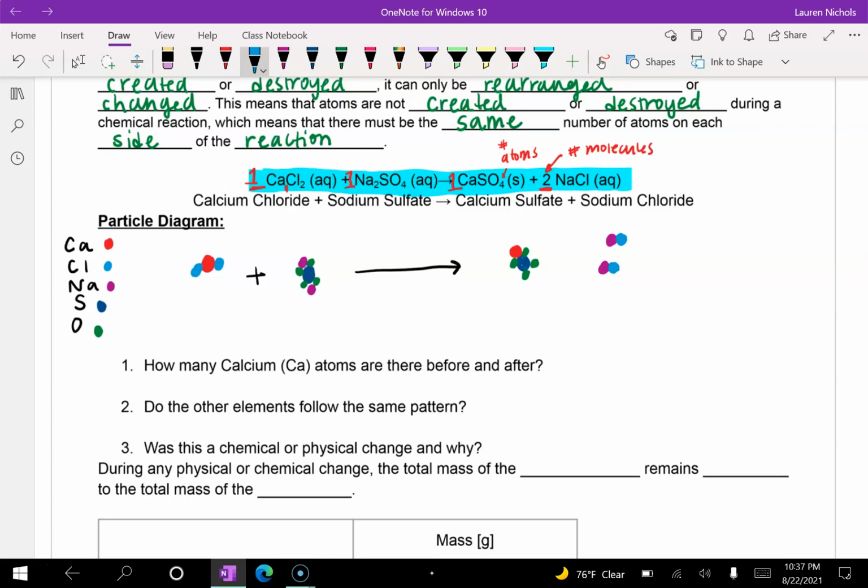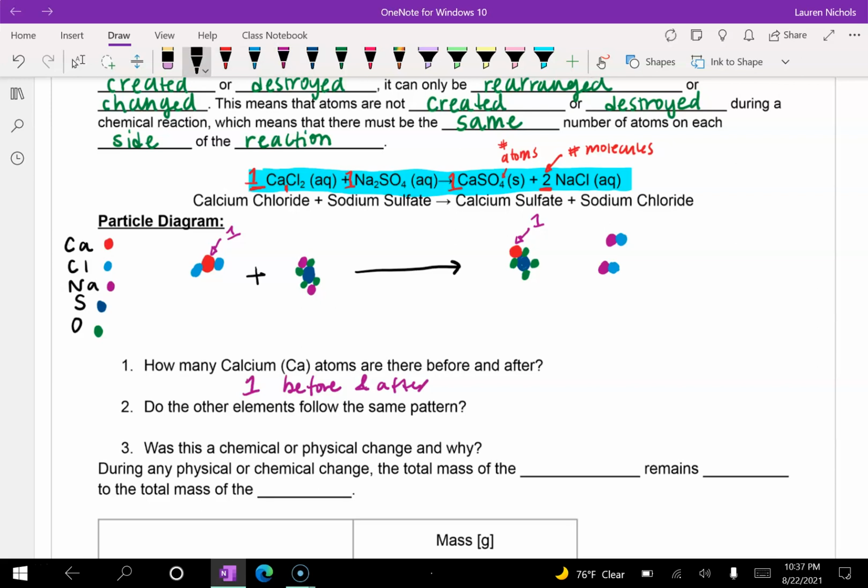Now, the thing we want to notice is when we count things before and after. If you look at questions 1, 2, and 3 about this particle diagram, the first thing it asks is how many calcium atoms there are before and after. If we look at calcium, which is red, we can see there's 1 calcium atom here and 1 here. So we have 1 before and after. It asks, do the other elements follow the same pattern?